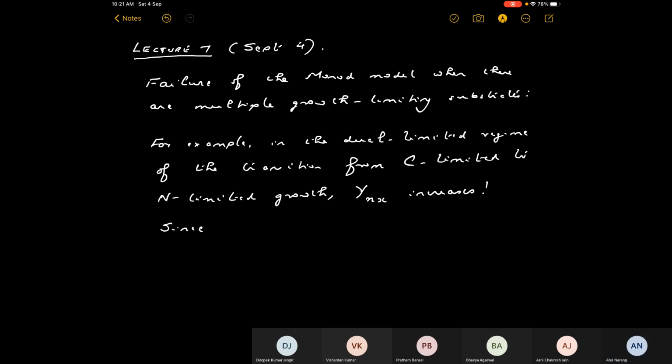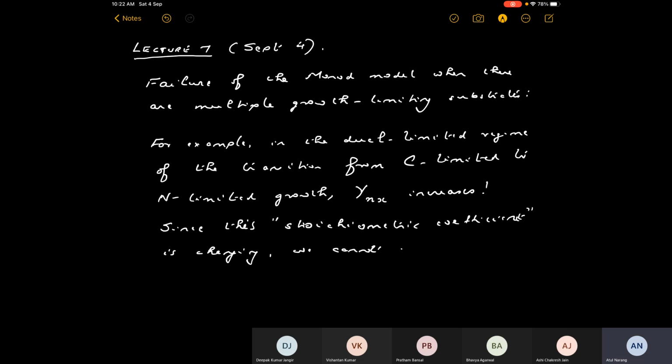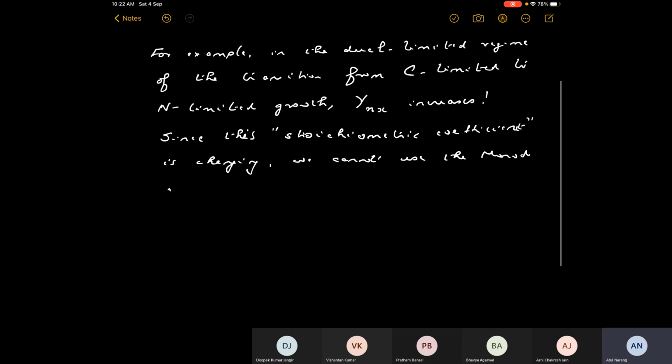Since this, I call it in quotes because we are developing our models by thinking of them as stoichiometric coefficients. Since this stoichiometric coefficient is changing, we cannot use the Monod model, which assumes constant yields or constant stoichiometric coefficients.